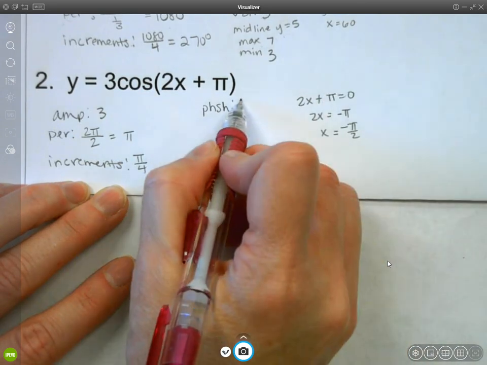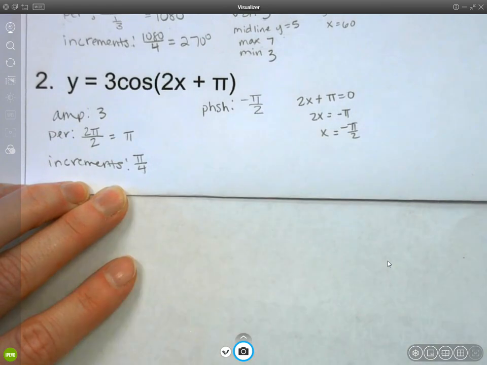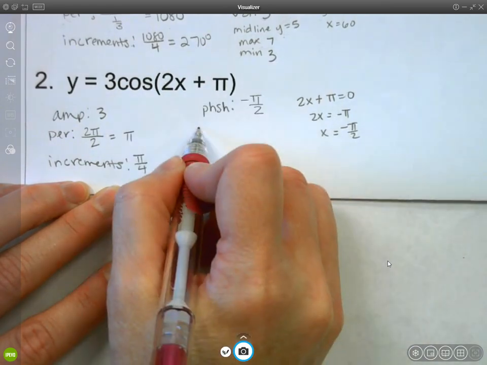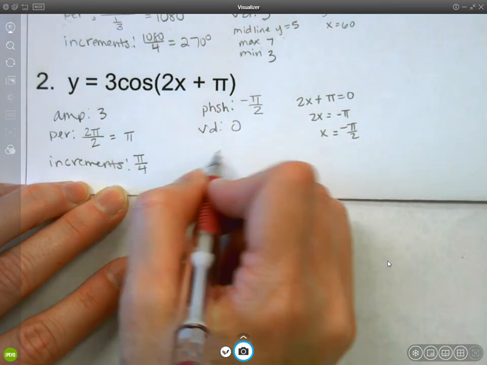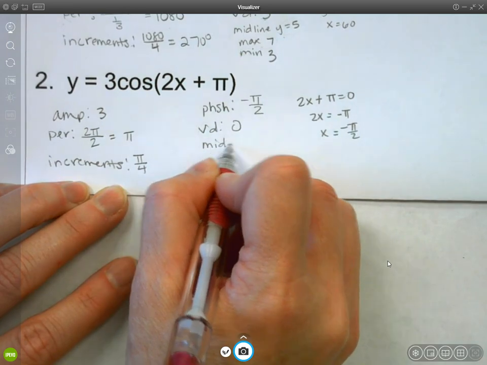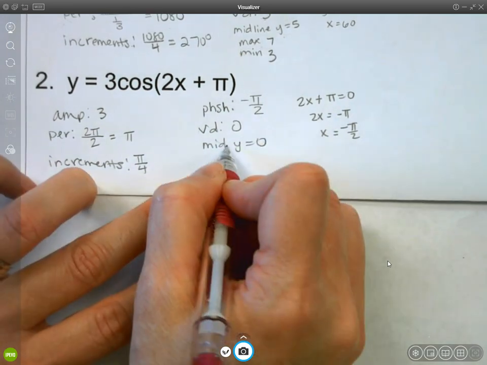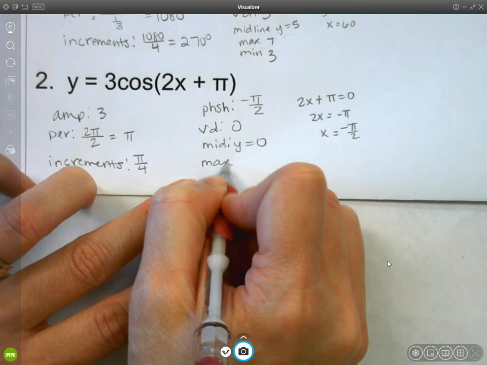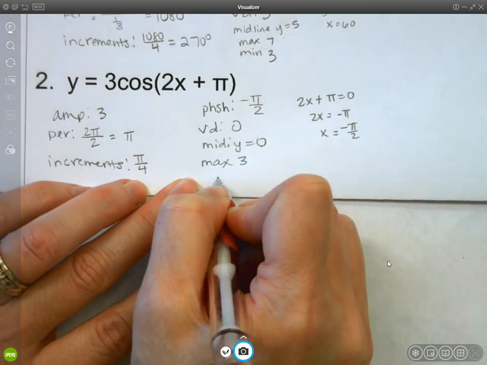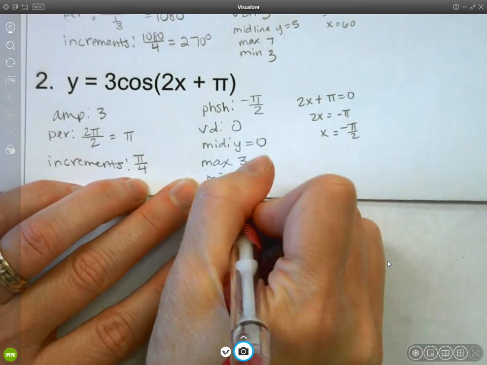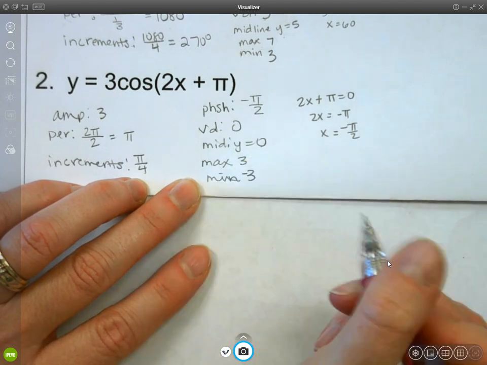So we get negative pi over 2. We have a vertical displacement of 0. So we have a midline at y equals 0. We have a maximum at 0 plus 3 and a minimum at 0 minus 3, so negative 3.